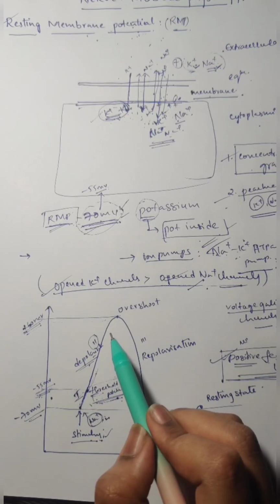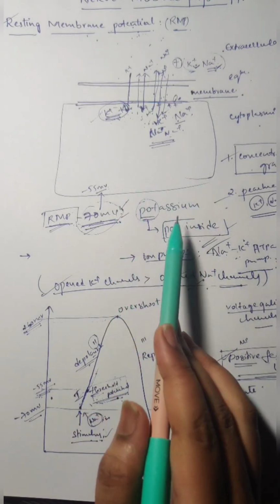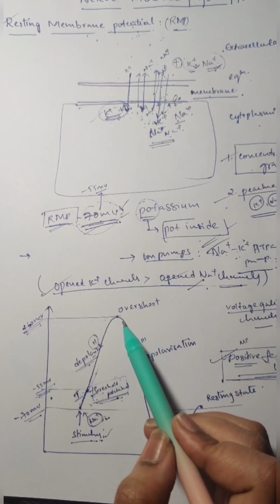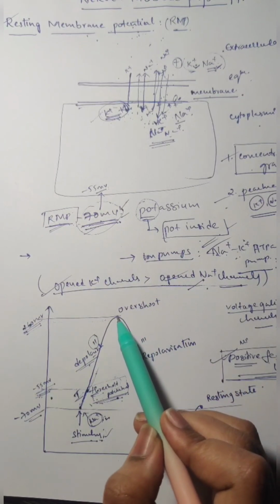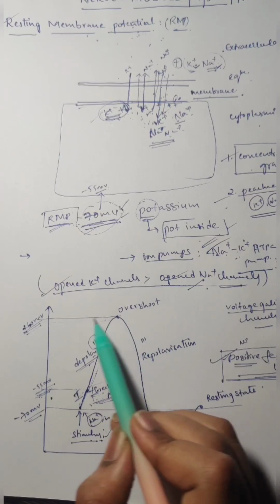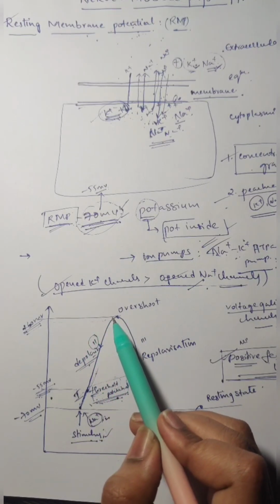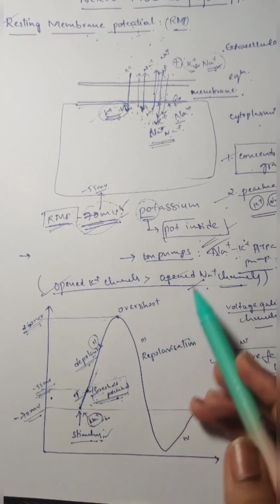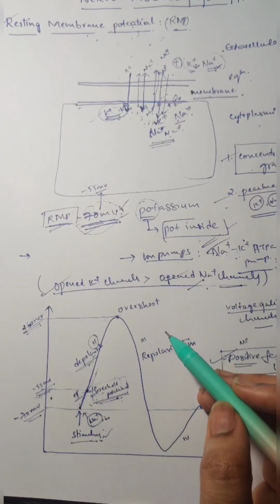This point is called the overshoot, because the sodium entry has been stopped. When that stops, immediately the potassium channels will open.